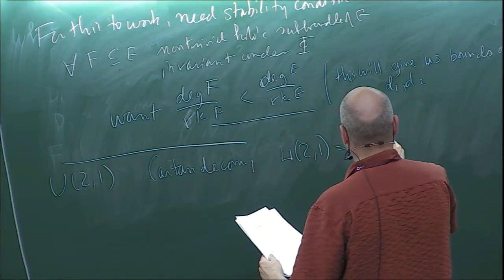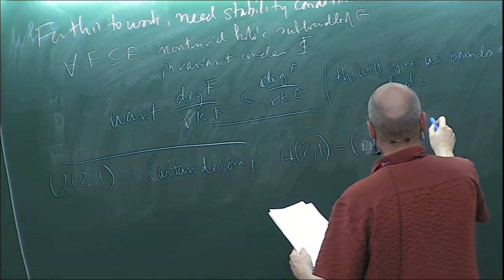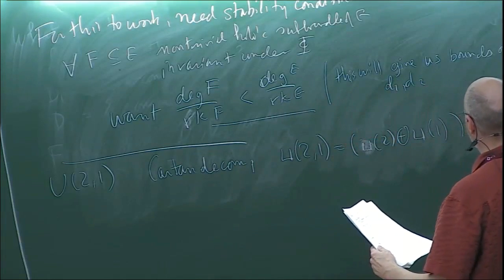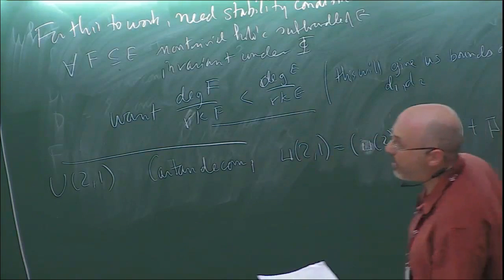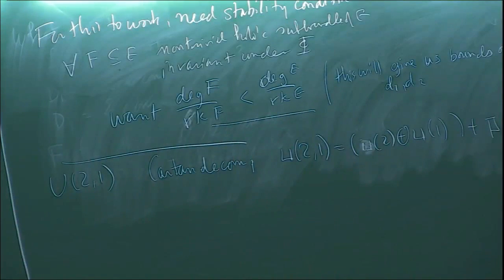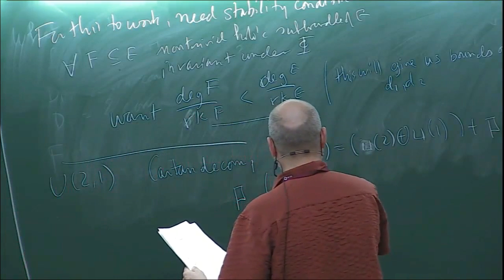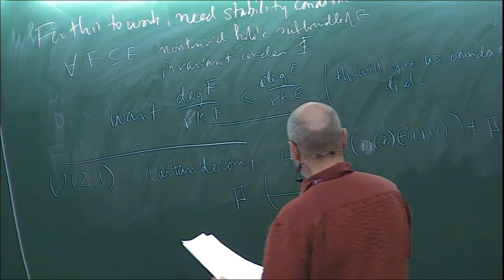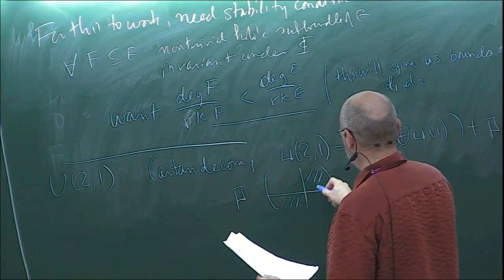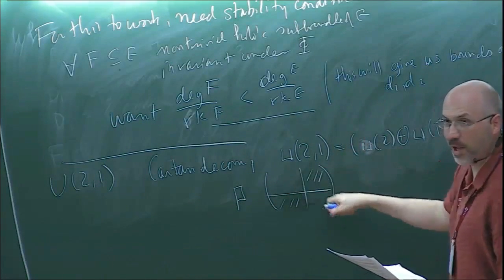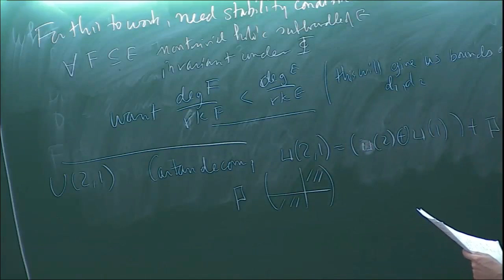There's going to be a compact part, which is U2 plus U1, and then there's going to be the P part. And the P part is what gives you the geometry of the symmetric space. The P part is naturally going to have a 2 and a 1 here. So the compact part lives in this block diagonal part. The P part is the rest.